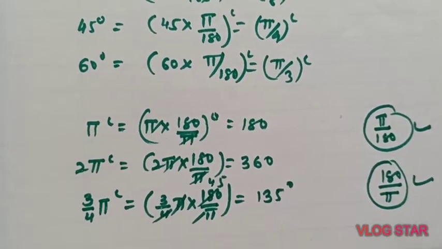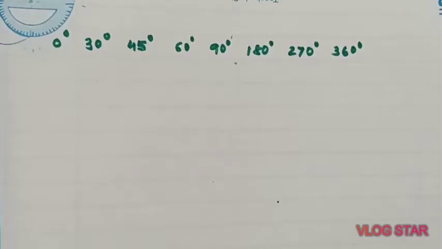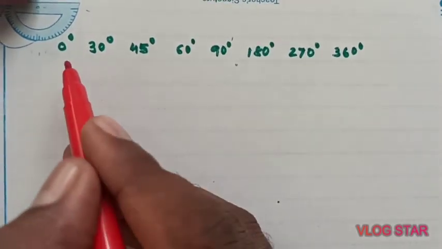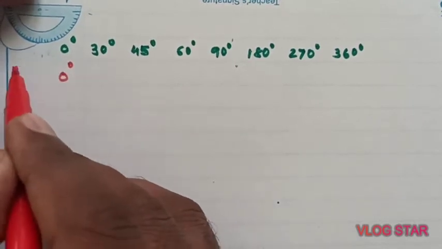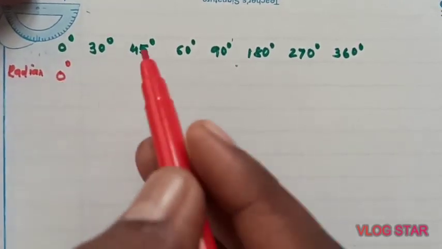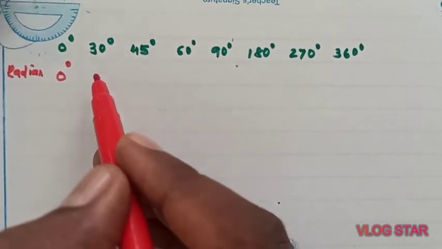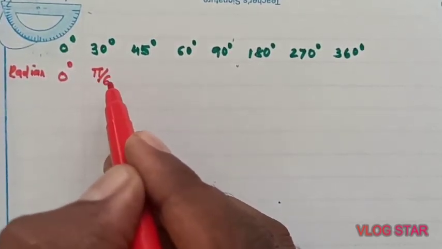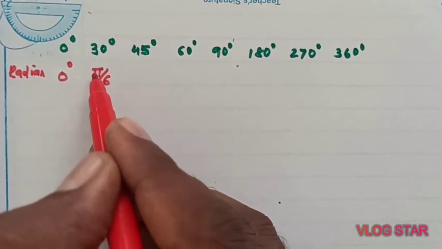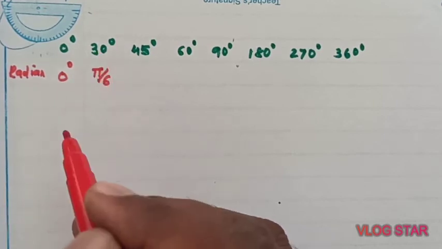These are the factors. Now we'll check radian measures of some standard angles in degree. What is the equivalent of 0 degree in radian? 0. This is in radian. 30 degree, its equivalent in radian is pi by 6. You can assume pi as 180. 180 divided by 6 is 30.